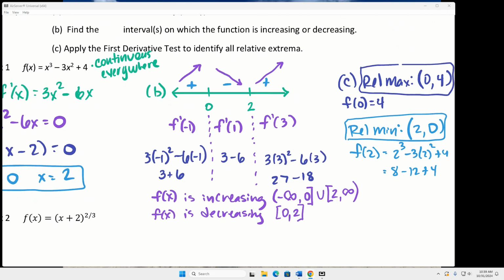All right, if this was a free response question and you needed to justify, you justify using the first derivative. So if we're justifying the reason why this is a relative max, you would say f prime changes from positive to negative when x is 0.